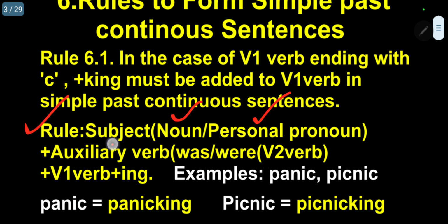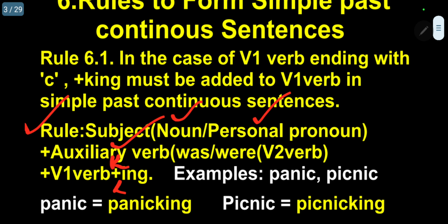Then plus auxiliary verb, that is the past: was or were. Singular verb was, plural verb were. Plus V1 verb plus K-I-N-G added. Please follow.